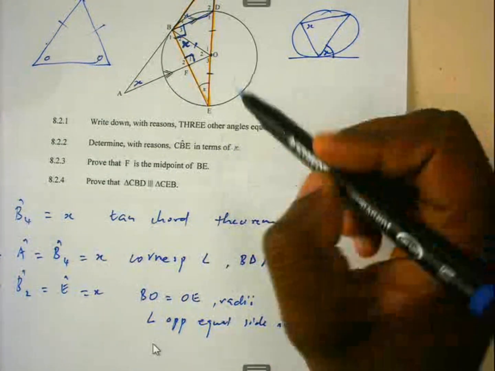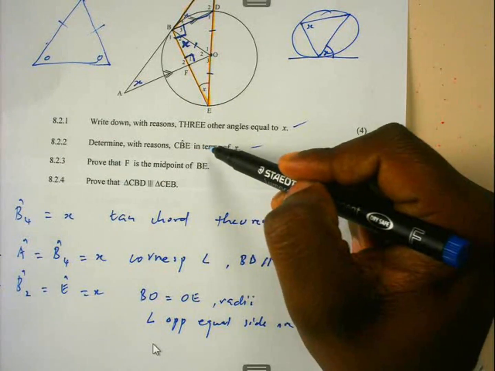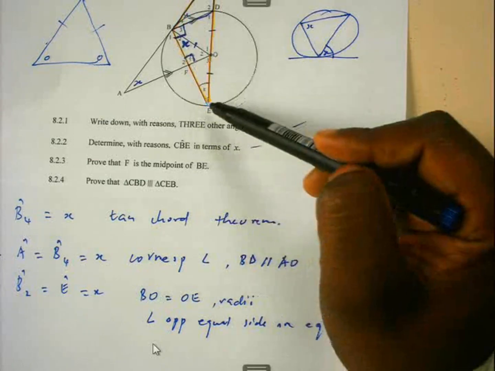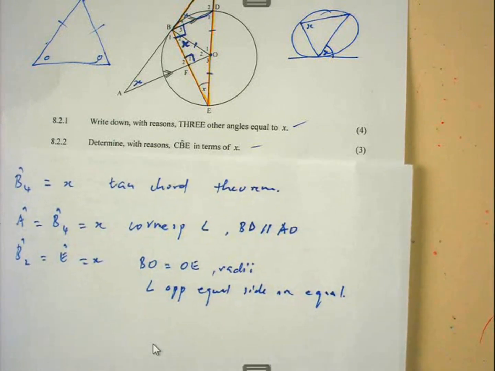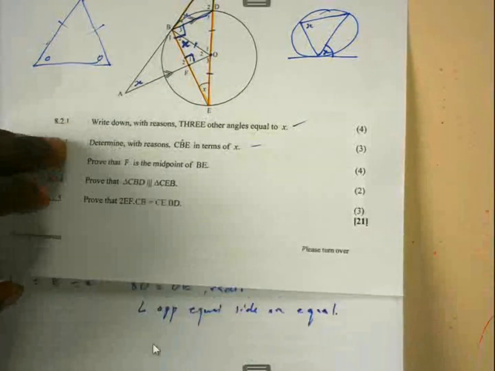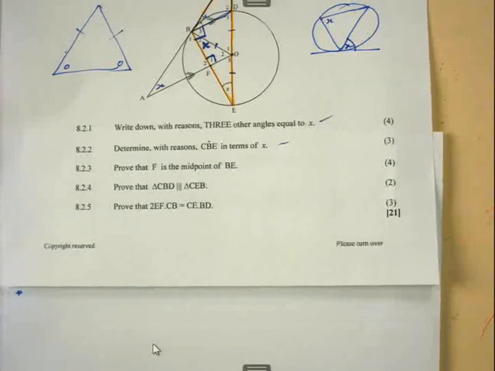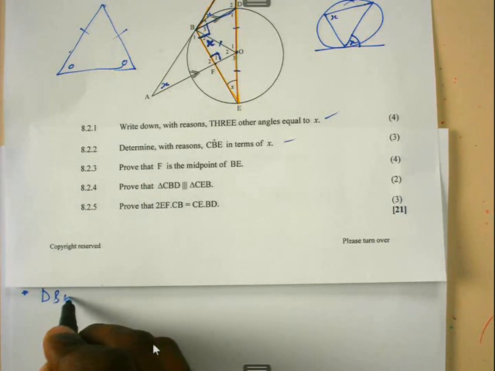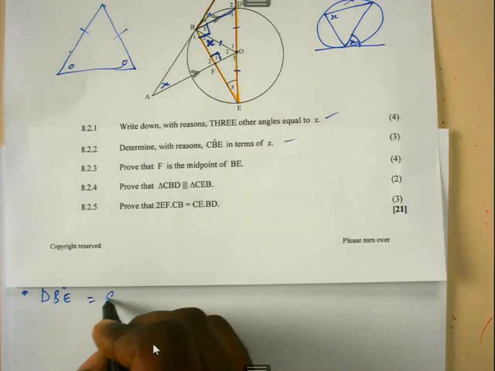Because of the radii, we have all 3 angles which are equal to x. The other question says, determine with reasons CBE in terms of x. We try to write it in terms of x. Remember we said earlier that DBE is equal to 90 degrees.